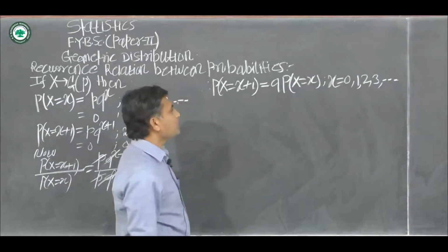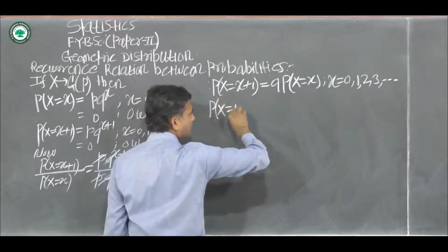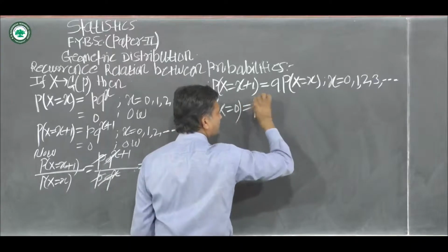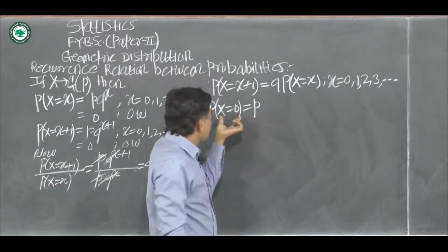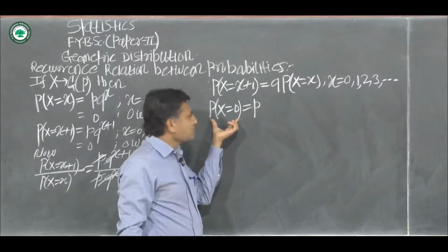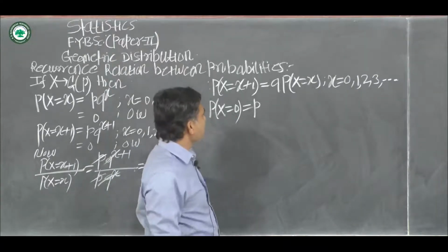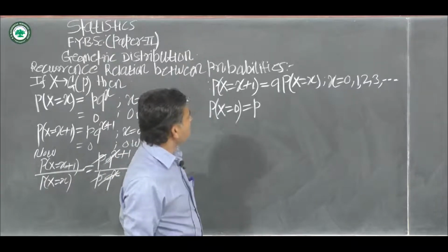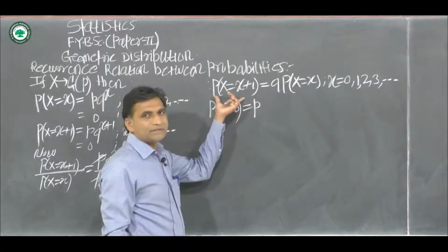Okay, if we know the probability of X equal to 0, which is equal to p, if parameter p is known, then we will get the probability of X equal to 0, which is called the initial probability. If the initial probability is known, then the further probabilities can be computed using this recurrence relation.